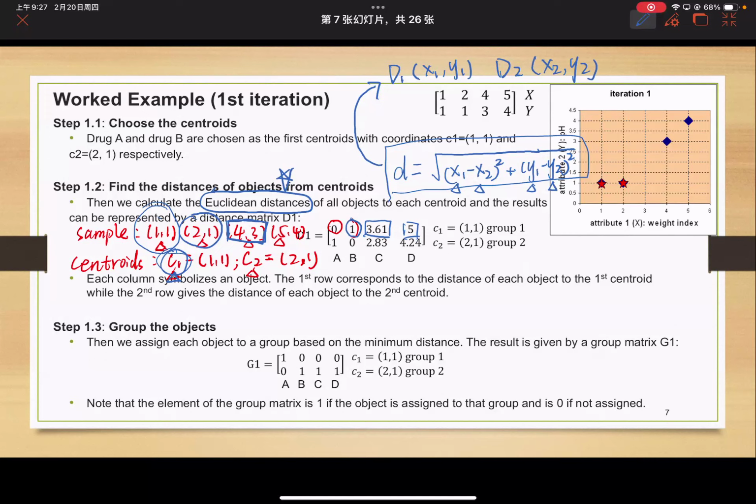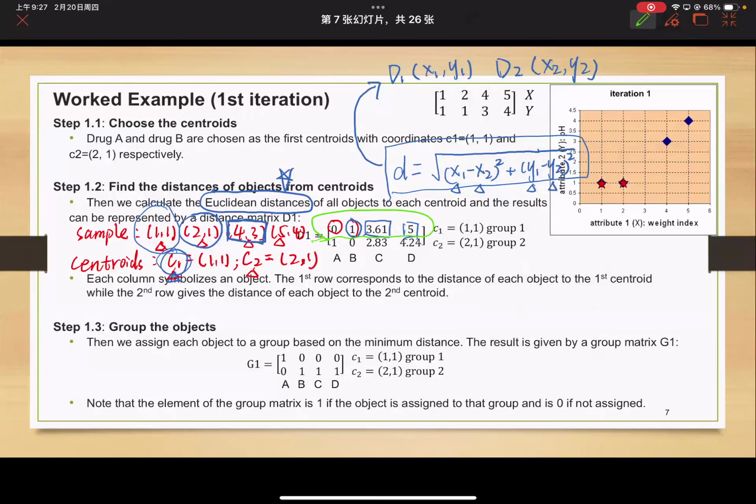Yeah. And then we have all the distances between the samples and the different centroids, right? So the first row here represents the distances we calculated for centroid 1, C1.